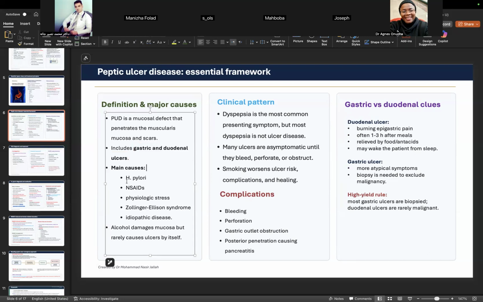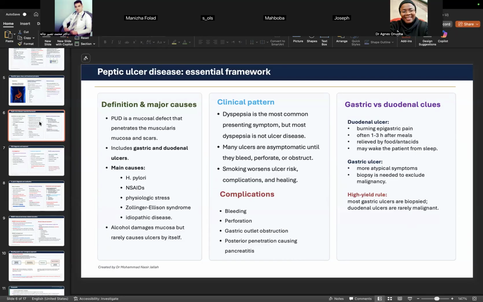The good thing for us is that we don't have to memorize so many things. Regardless of the location, H. pylori is the first most common cause and NSAIDs are the second most common cause of ulcer.